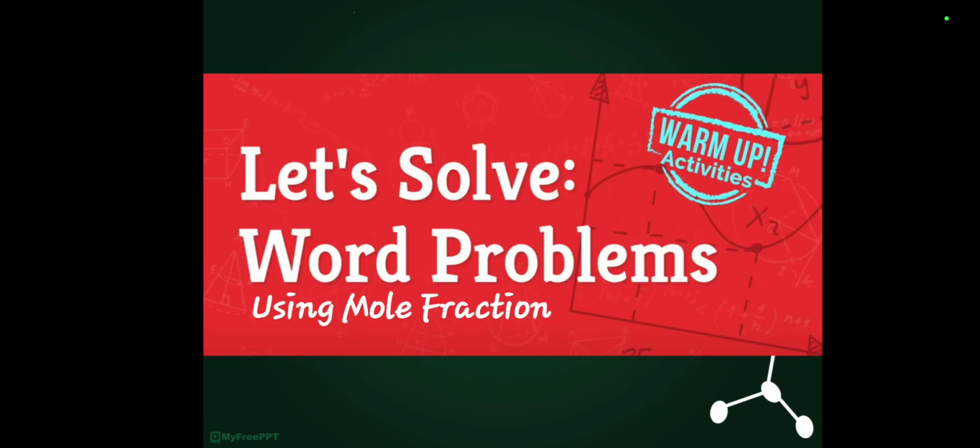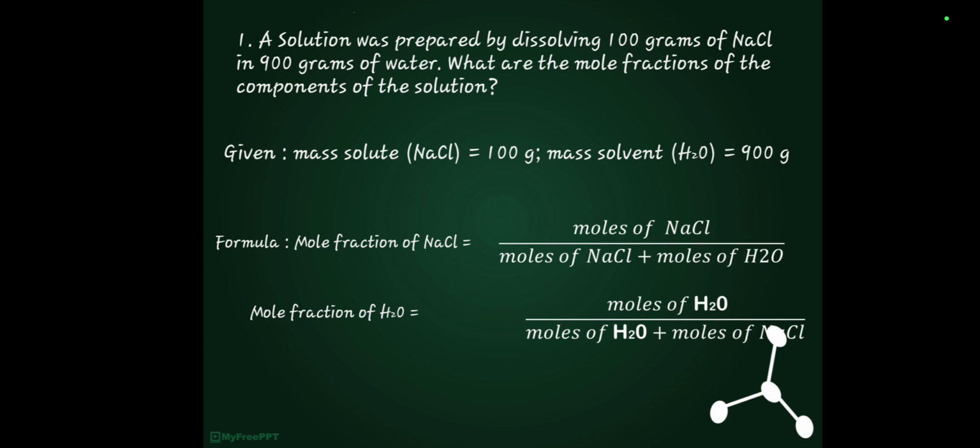Now let's try to solve a word problem. For example number 1: a solution was prepared by dissolving 100 grams of sodium chloride in 900 grams of water. What are the mole fractions of the components of the solution?